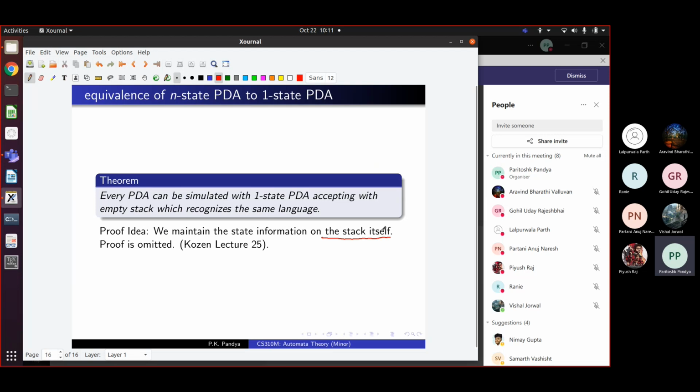Now this is a little bit involved, and I am not going to do the proof. The proof is in lecture 25 of course, and again in the exam I will not ask you to do this transformation, but you should know that n state PDAs have the same power as one state PDAs, and one state PDAs can be mimicked by a grammar in Greibach normal form or extended Greibach normal form, right?